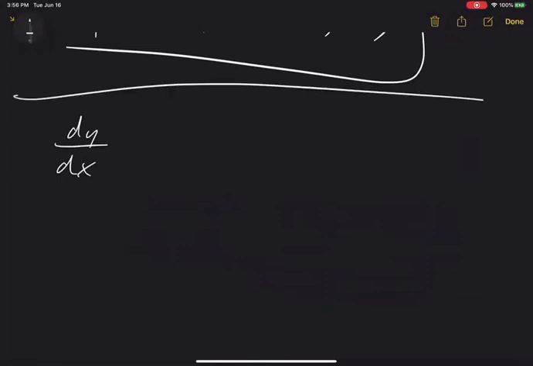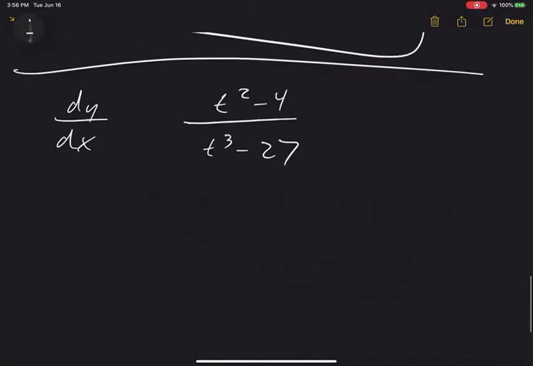To find where our tangent lines are horizontal and vertical, you find dy/dx, okay? And let's say it's a fraction. Let's say we have t squared minus 4 over t cubed minus 27. Our tangent is going to be horizontal where the numerator is 0.